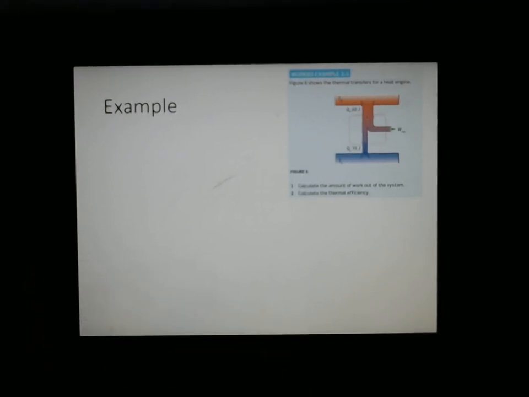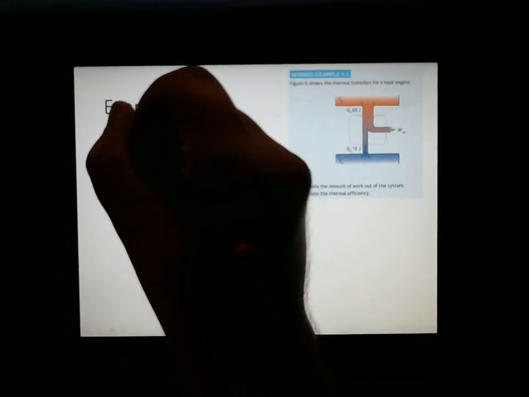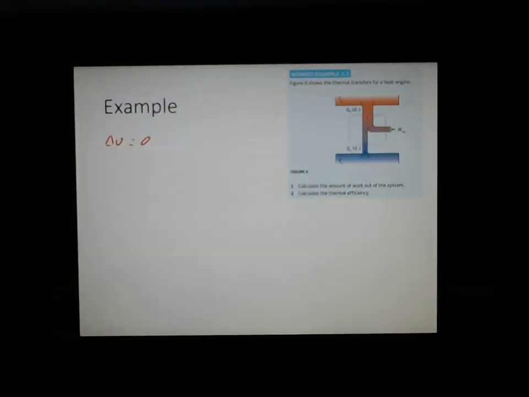So what we can think about here is that the change of energy for this whole system has to equal 0. What we get in from our heat, what leaves as our heat, the difference has to be equal to our work. So the change of internal energy has to be 0, because we're not adding extra to this system, we're just harnessing its movement.